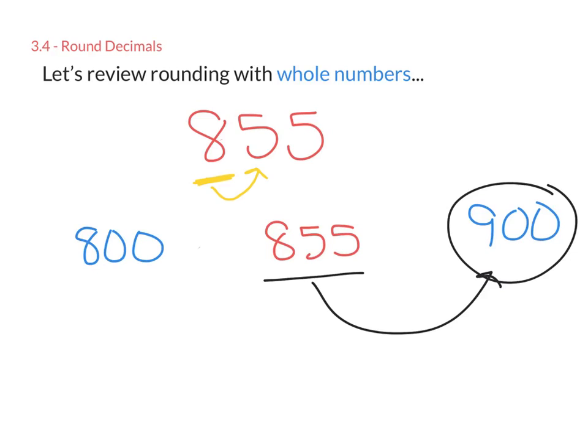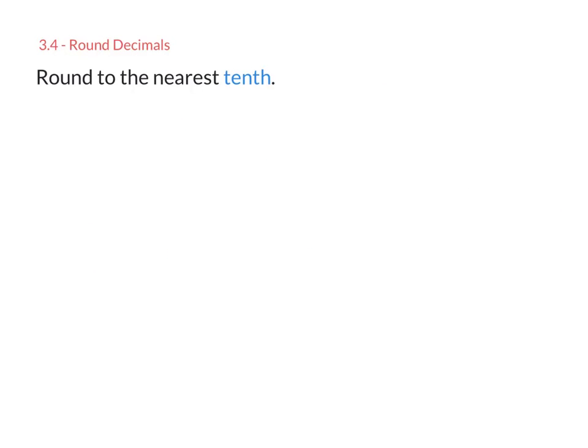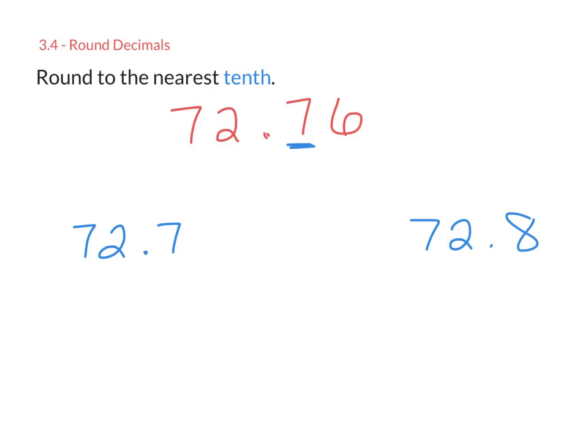Rounding with decimals, you follow the same steps. All right, first we're going to practice rounding to the nearest tenth. All right, let's look at the number 72 and 76 hundredths. So we're going to take the number 72 and 76 hundredths and round to the nearest tenth. So 72 and 76 hundredths is between 72 and 7 tenths and 72 and 8 tenths.